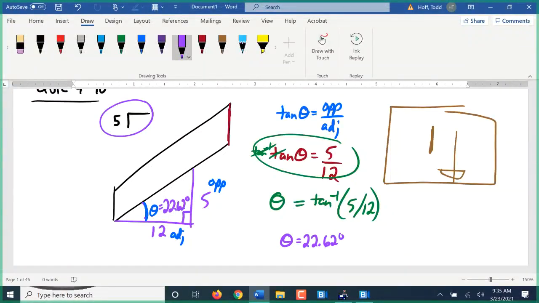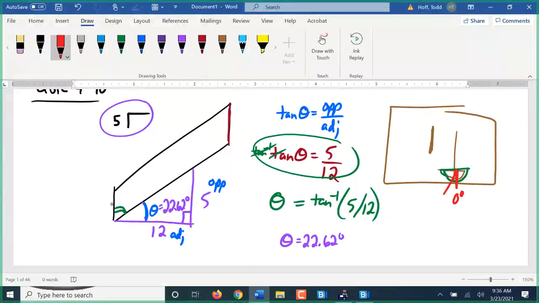However, that is not the angle I'm looking for right here. Depending on how your table saw is calibrated, if it is marked so that this is 0 degrees, yes, you would just turn it 22.62 degrees to whichever side you're going to use, and that would be the appropriate angle.